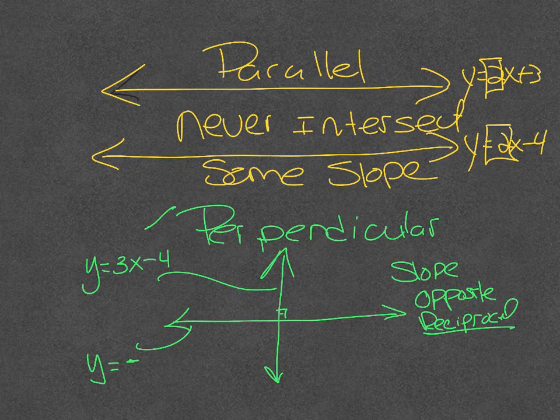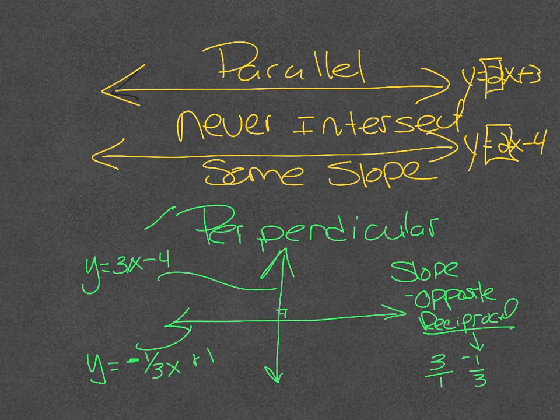It means to flip it, all right? So if the slope is 3 or 3 over 1, then the reciprocal would be 1 over 3. And then the opposite would be negative 1 over 3. So this one is going to be negative 1/3 x, and it may have plus 1.